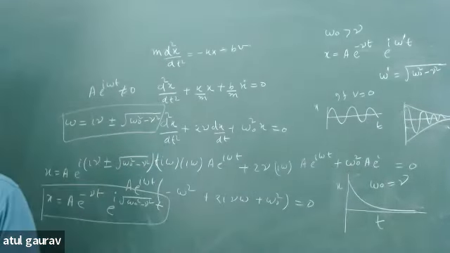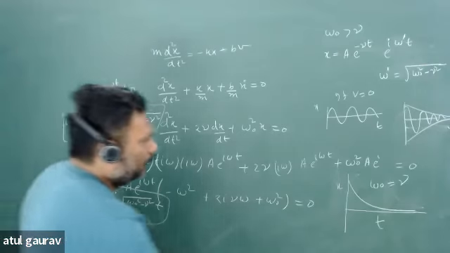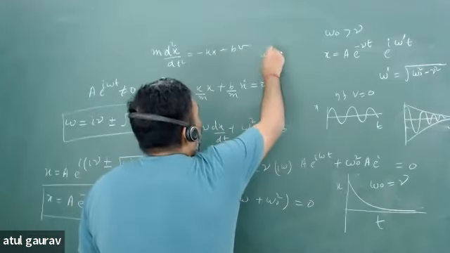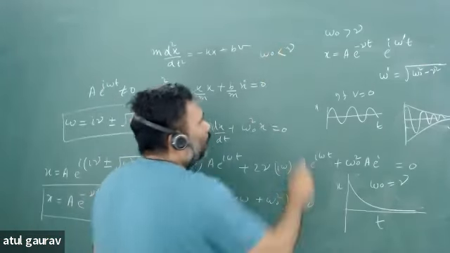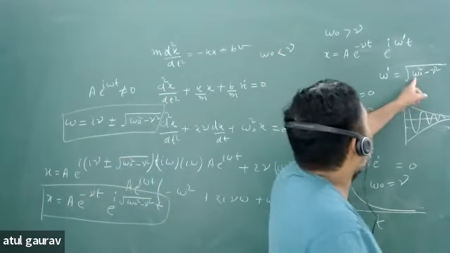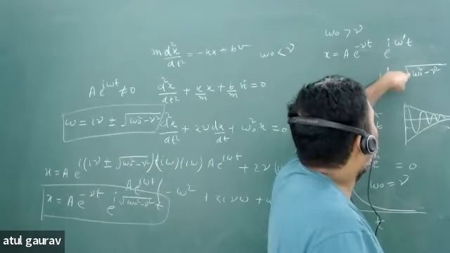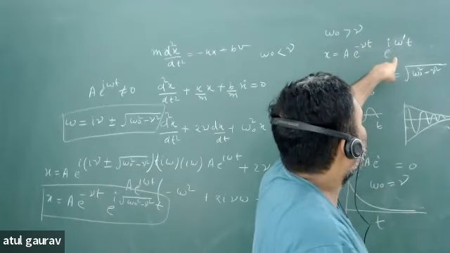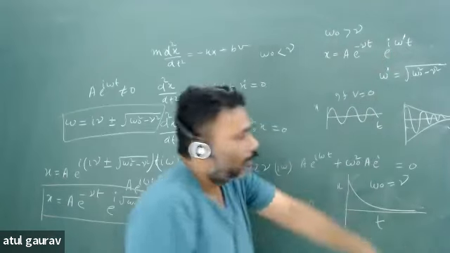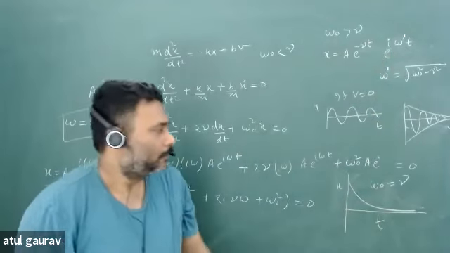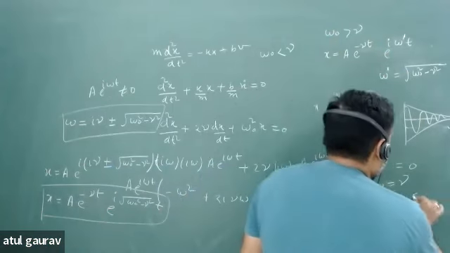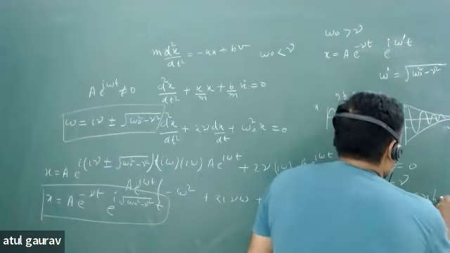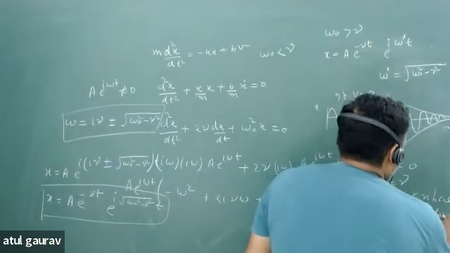Yes, sir. And last thing, when omega naught is less than gamma, then this thing is imaginary and i into i is again -1. So again you have more damping. So this is your critical damping. What do you call this? Critical damping.